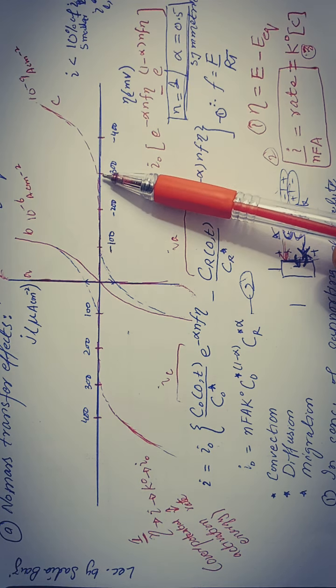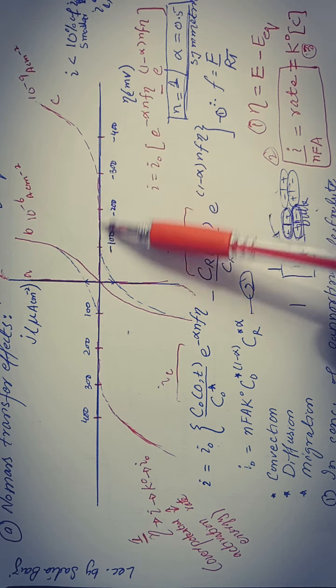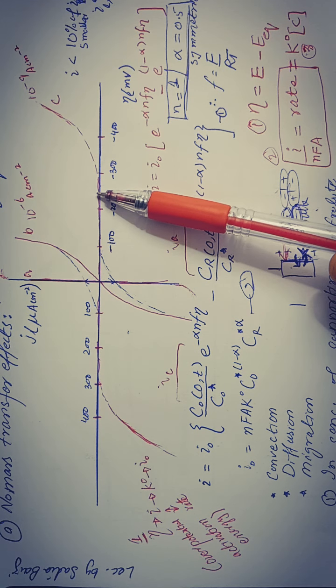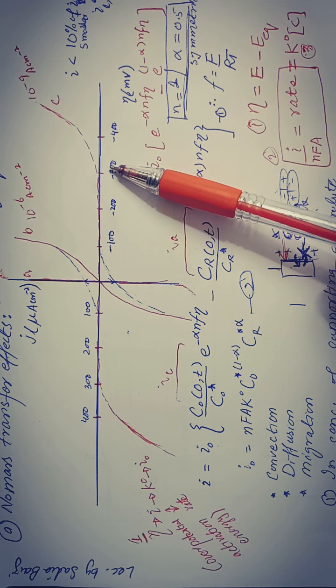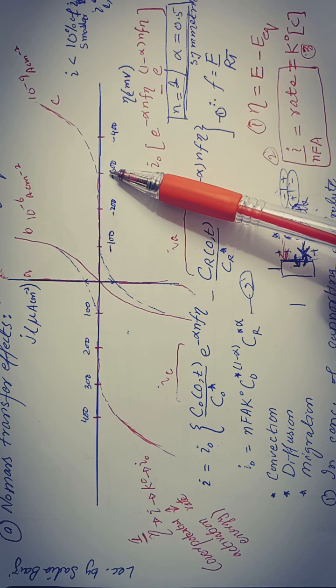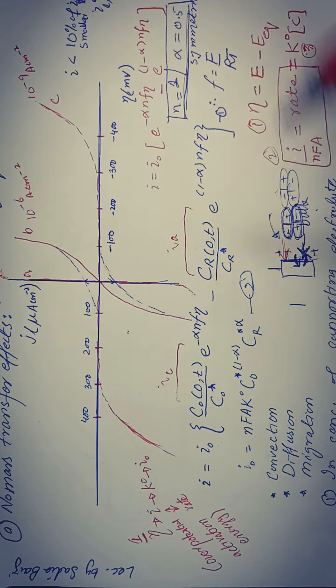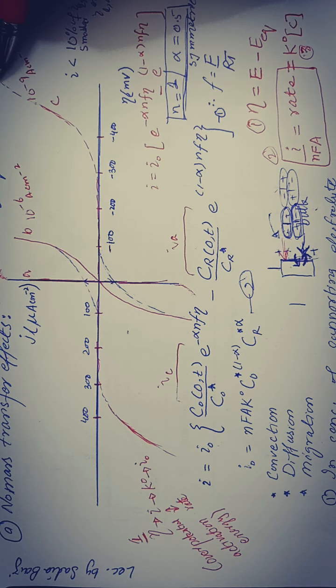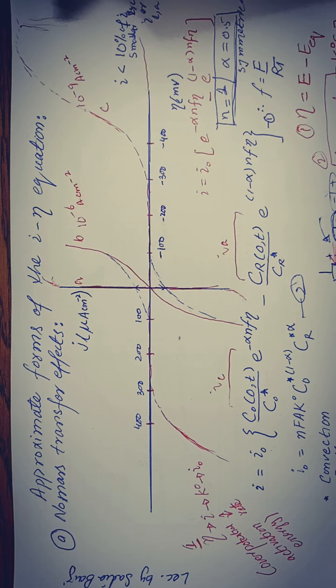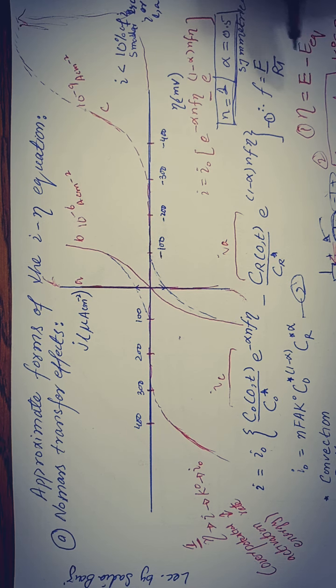So in this circumstance, no significant current is observed unless a very large activation overpotential is applied. And for this kind of charge transfer, sufficiently extreme overpotentials will be applied until we get the limiting current.